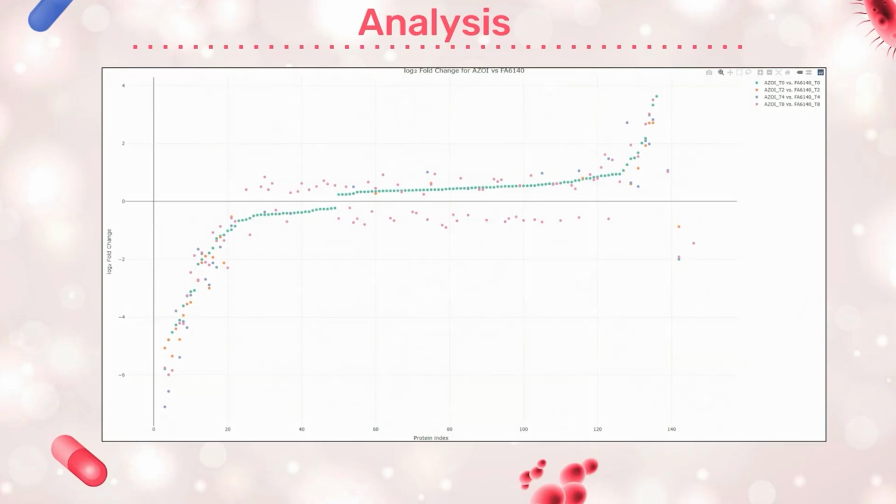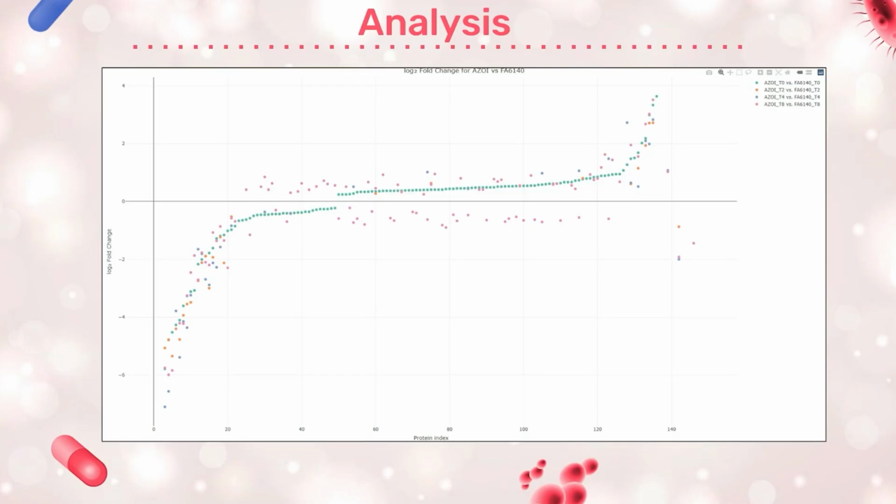So this plot is setting AZOI 10.0 versus FA6140 10.0 as our baseline, as our control. And then it plots all the other proteins in the other time points. So AZOI 10.2 versus FA6 10.2. And it allows us to visualize how different the abundance are from its standard. So this allowed us to create a list of proteins that we might want to take a further look at.